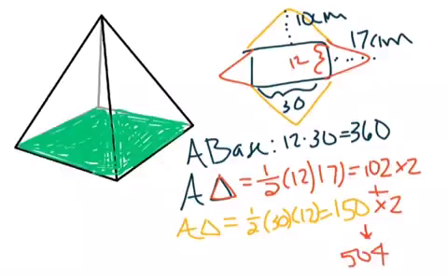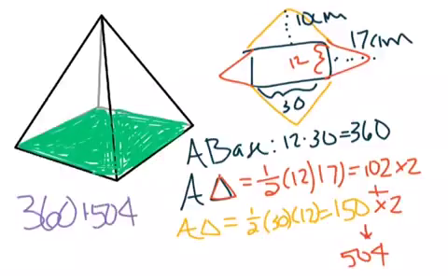We need to add that to our area of the base, which was 360. So we have 360 plus 504, which is going to be 864 centimeters squared. Again, that's kind of the easiest way to do it. I would do it that way if I were you.